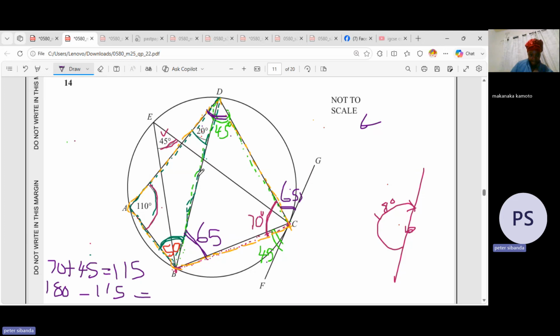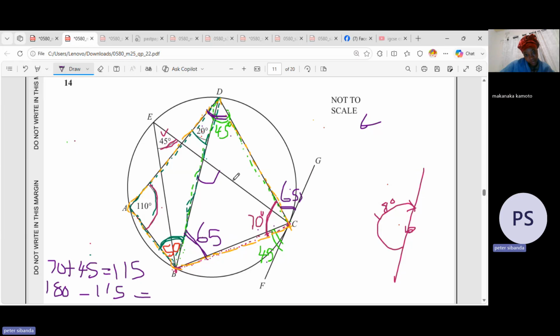No. This one, I could have found if I knew this angle. But 70 is not for this angle alone. 70 is from here to there. But maybe I could find it, could I? Maybe.